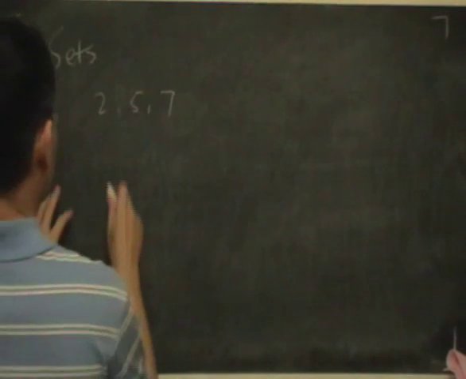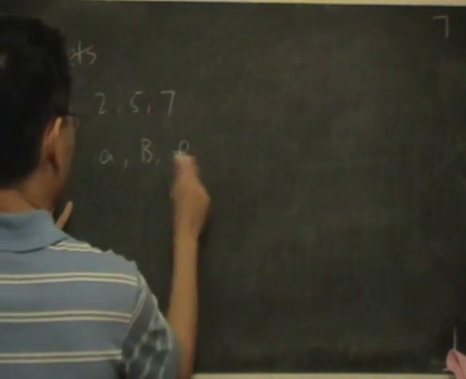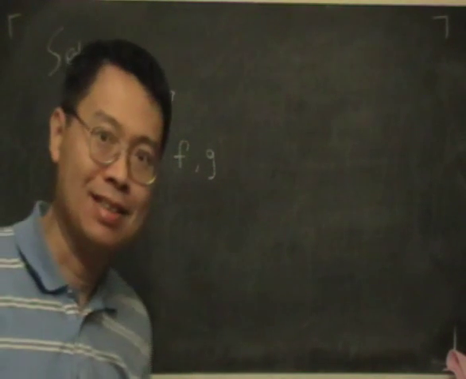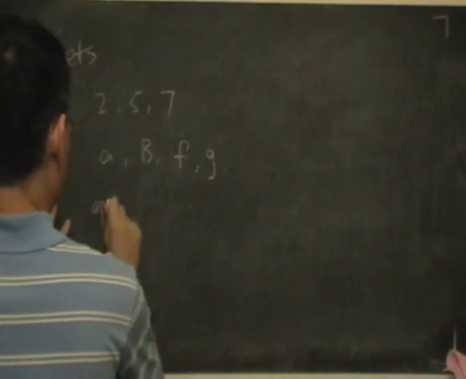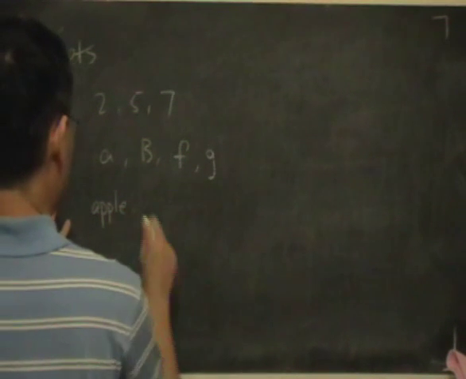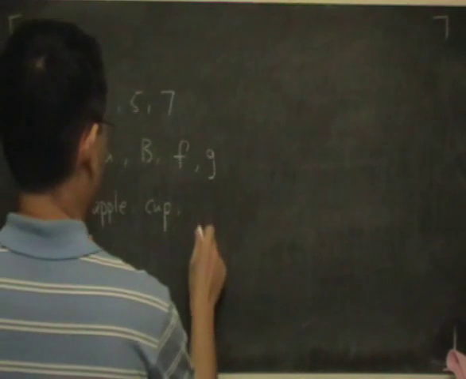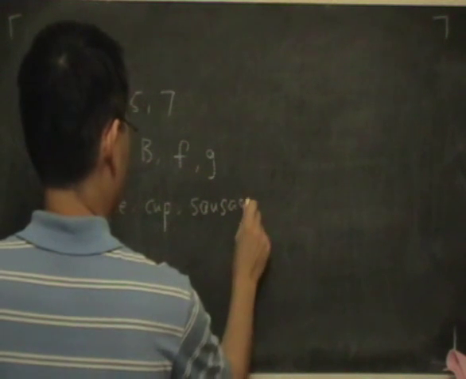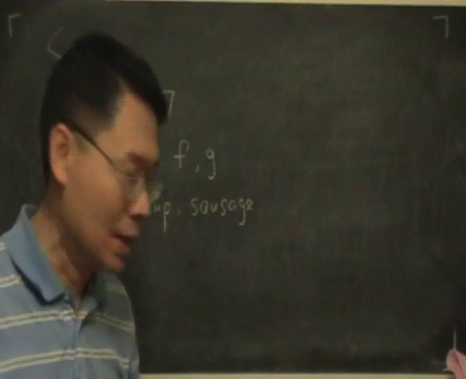It can be the letters A, B and F and G. That's another set. It can be apple, a cup and a sausage. That's a set as well.